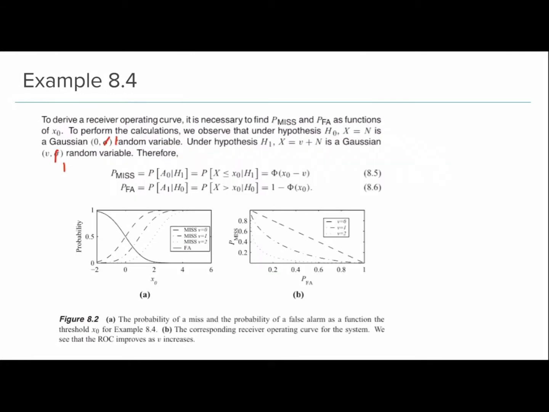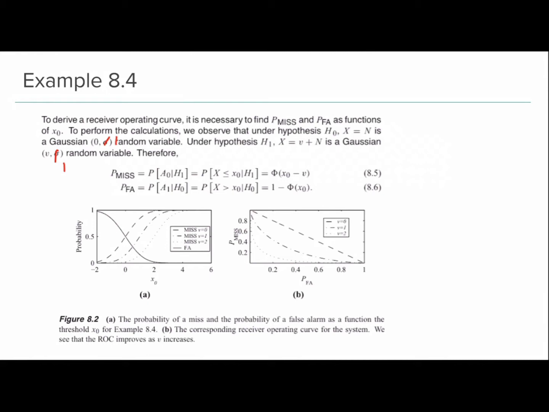So we're given everything about the distribution of x for each of the hypotheses, and we have to find what p miss and p false alarm will look like, right? If there is no target, which is the hypothesis H0, x will be equal to n, which is a Gaussian random variable with mean 0 and standard deviation 1, right?